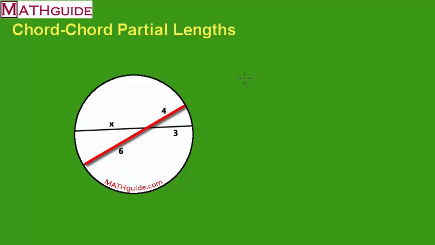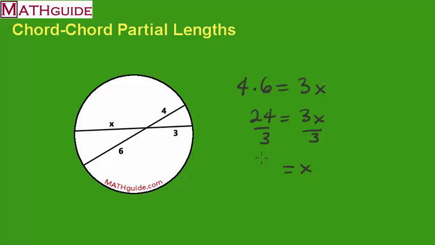So if I find their product, in other words, if I find 4 times 6, it's going to be equal to the product of the pieces of the other chord, 3 times x. Okay, so the relationship says that if I've got 24 here and I've got 3x here, I then can use a little bit of algebra to solve for x. So if I divide both sides by 3, I'm going to get x is equal to 8.